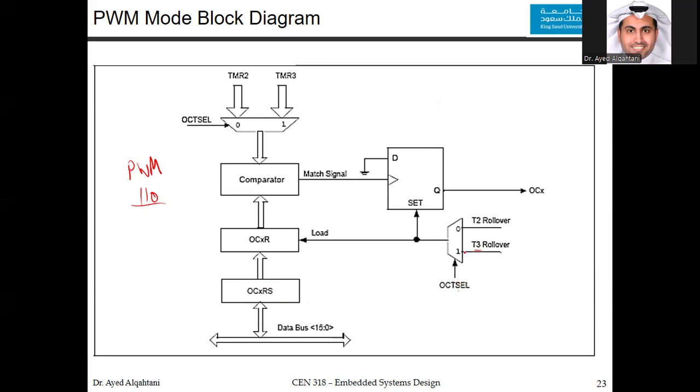Also, another critical piece of information here is that we need to write the OCRS only, because for the PWM, OCR will always follow the OCRS. So we are not going to adjust the OCR at all. We will just give the value for the OCRS, and in turn it will be passed by hardware to the OCR.